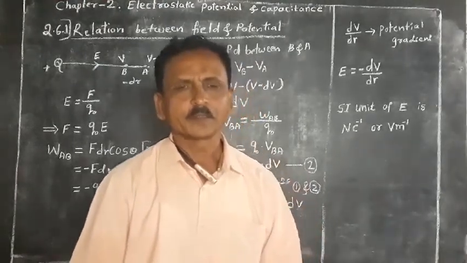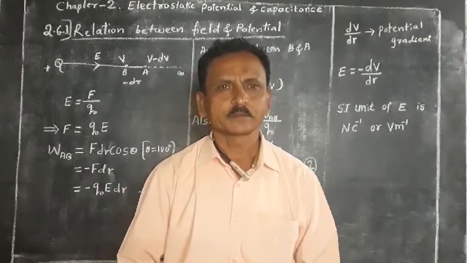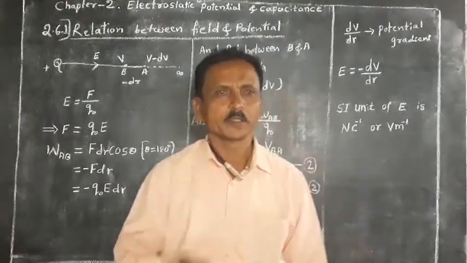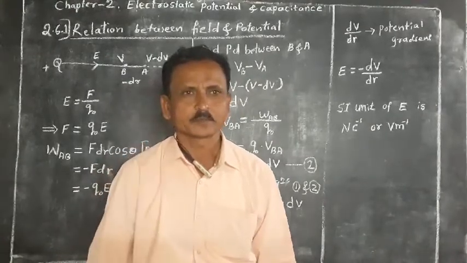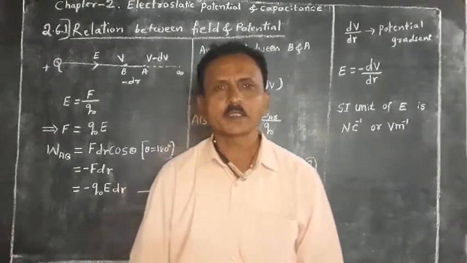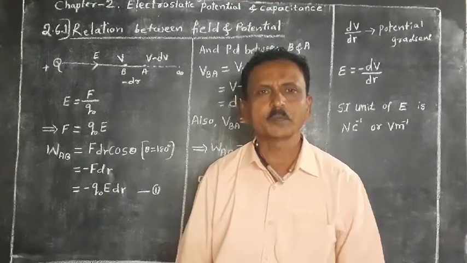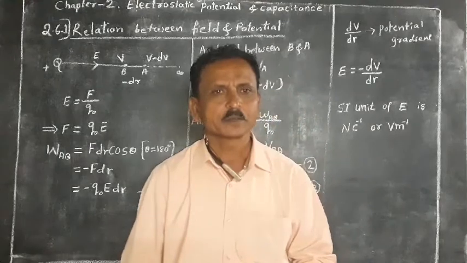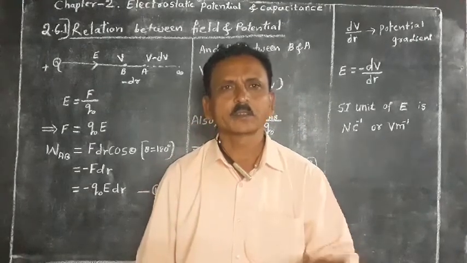I am R Patil. Today we are going to obtain a very important quantity called potential gradient, or the relation between electric field and potential. In the previous classes we have studied electric field, electric potential and potential difference.